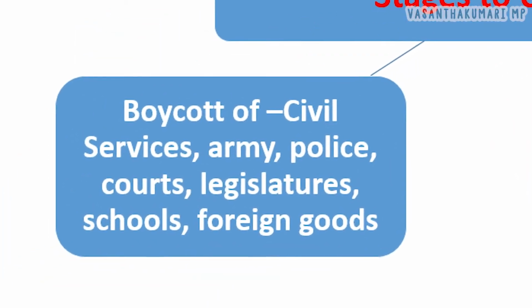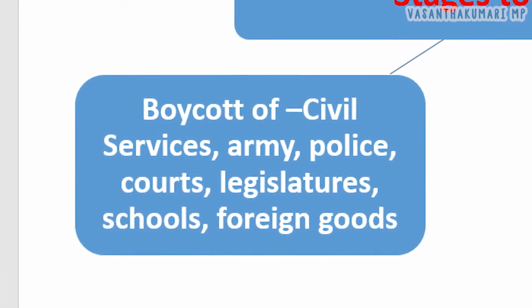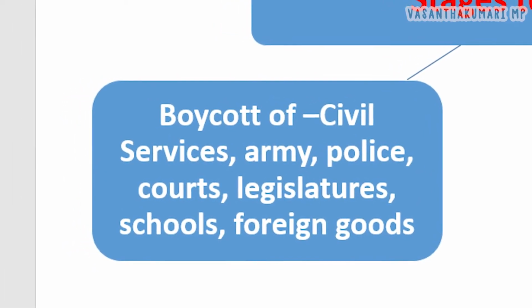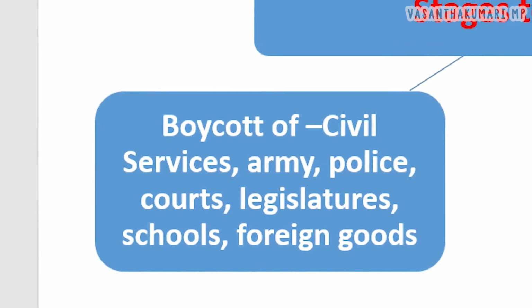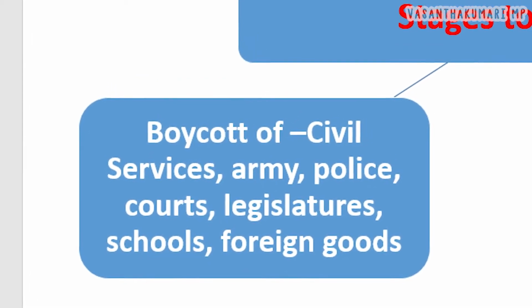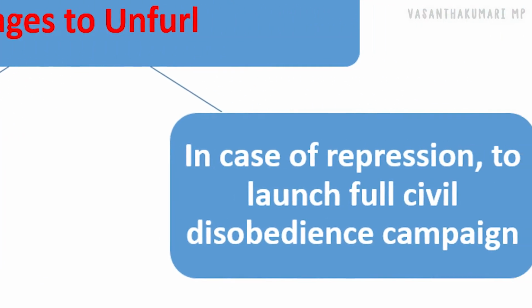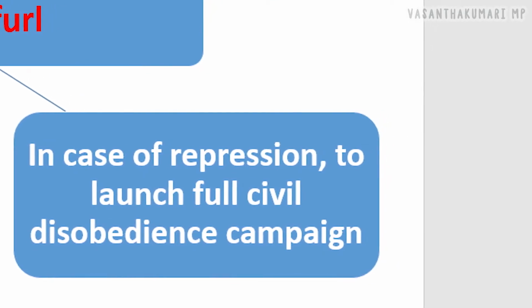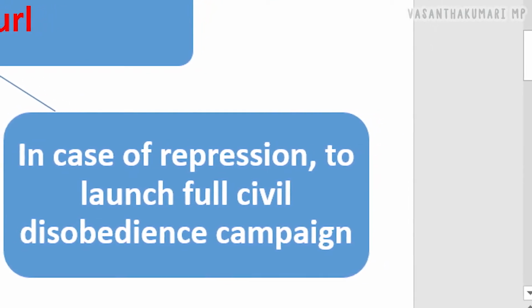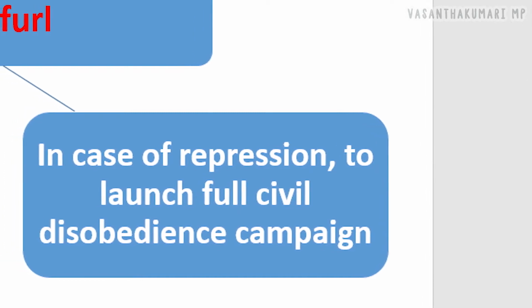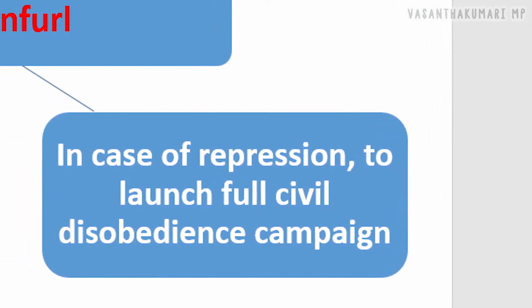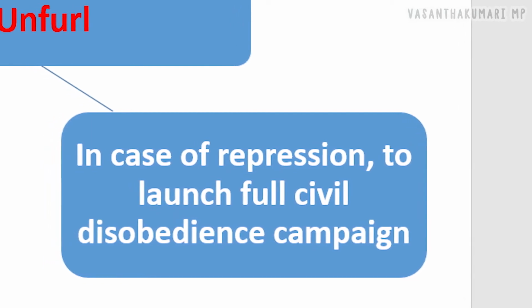Then the second stage was to boycott civil services, army, police, law courts, legislatures, educational institutions, foreign goods, etc. And third, if the British tried to repress the movement, in case of any repression, Gandhiji decided to launch a full civil disobedience campaign, that is, not to follow any British laws.